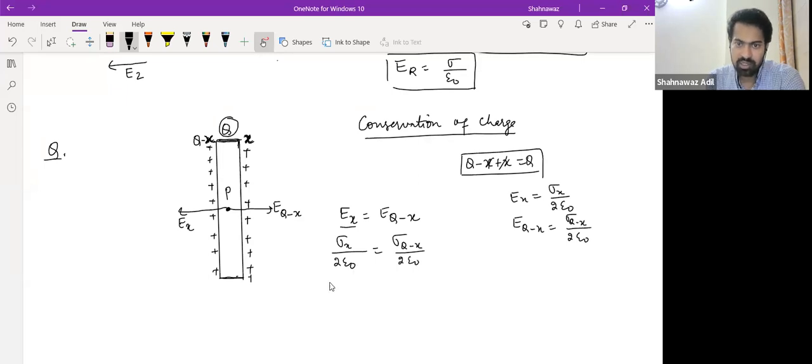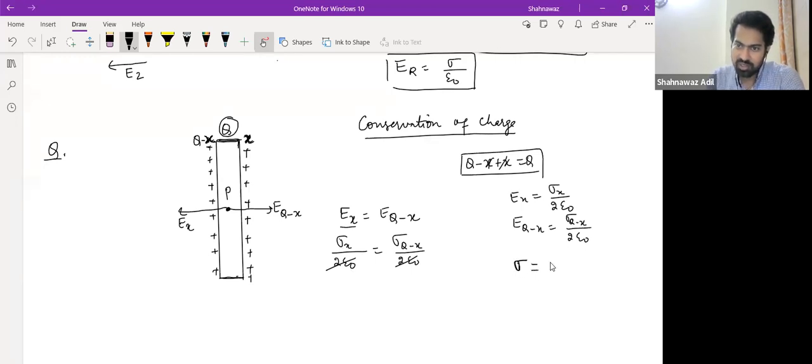So this cancels. And what is sigma X? Area is the same. So charge by area, right? What would be sigma X, Tariq? So sigma is how much?